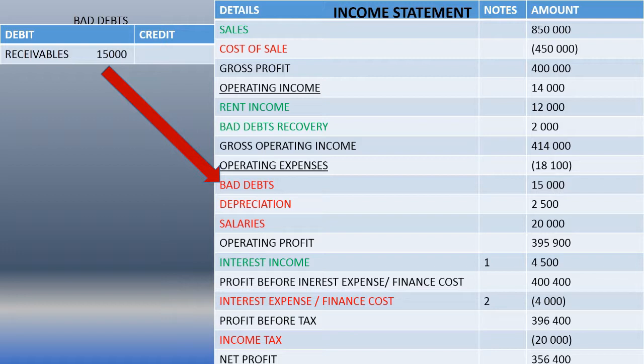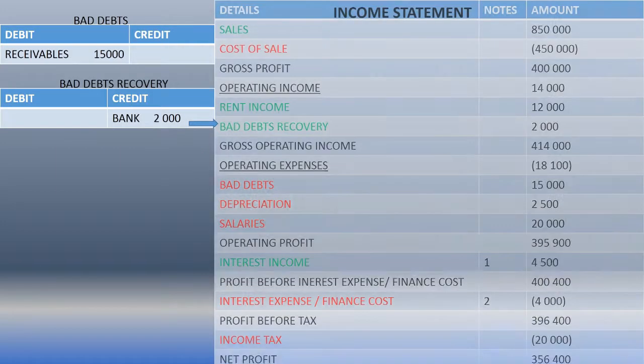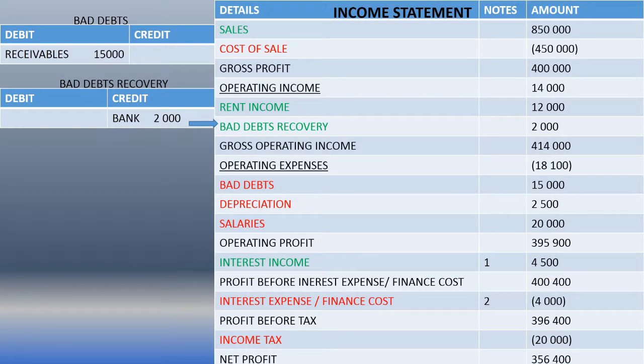By the time the customer pays, let me say the customer pays an amount of 2,000, we won't credit receivables with 2,000. We rather open a bad debt recovery. Remember that bad debt recovery is an income. That's what I said: if bad debt is credited, it automatically turns into an income.